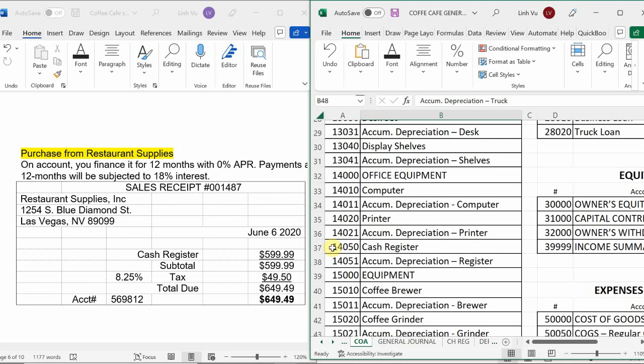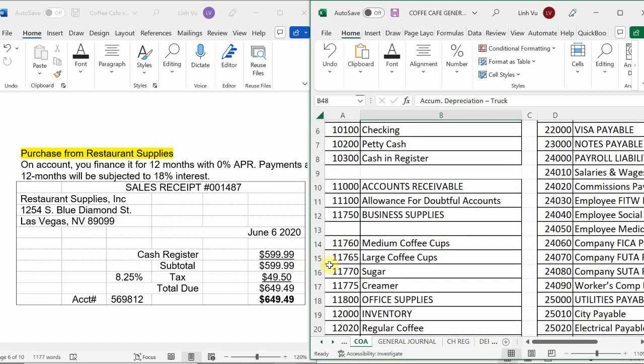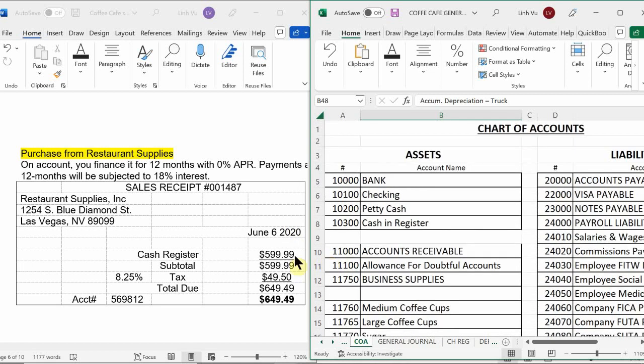Now, how did I pay for this? Accounts payable? Accounts payable is when you have a bill, but in this case, I financed it.